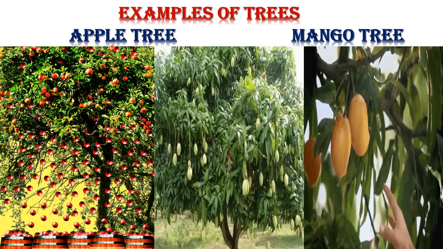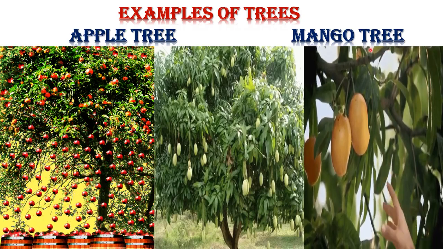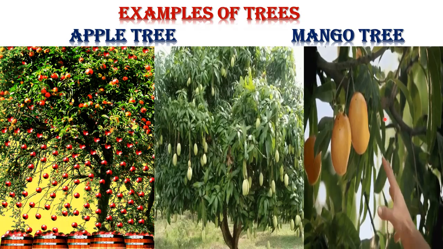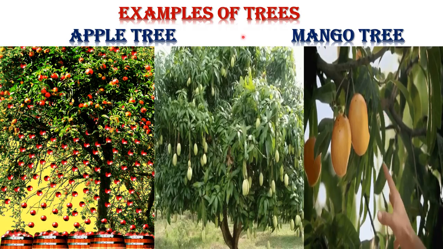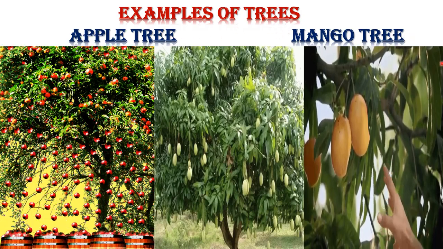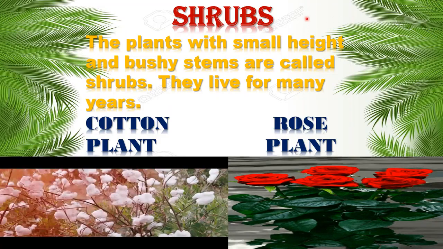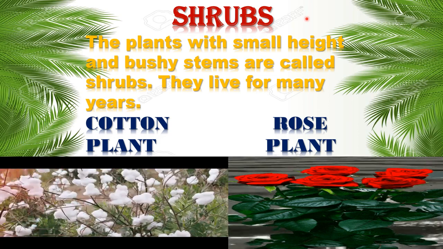You eat apple, you get red cheeks. Delicious apple. Mango, the king of fruits, is the favorite fruit for all my lovely students. So, the examples of trees are apple tree, mango tree. Coming to the next classification, which is under the small plants, that is shrubs.